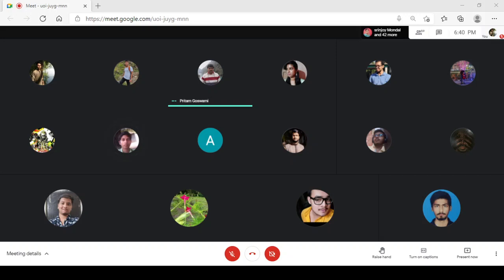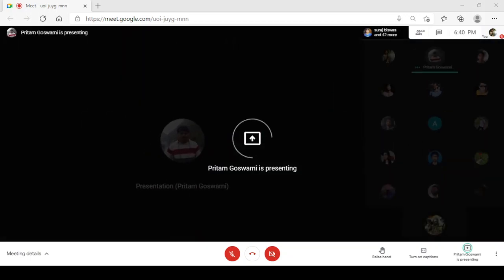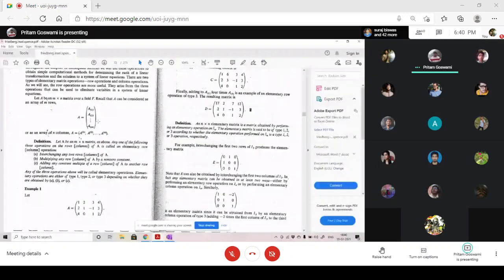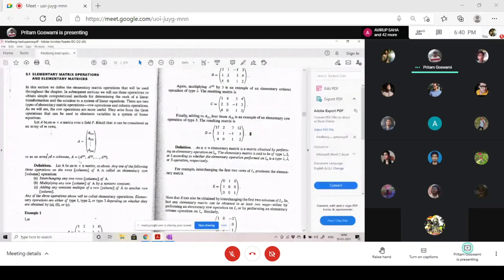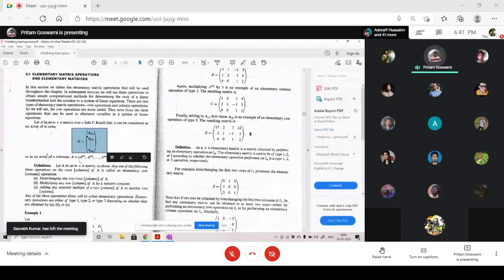Okay, so can you see the book? Yes. Basically, suppose you have a matrix A, an m by n matrix. You can write it like this, where the index of A is the position of the row.